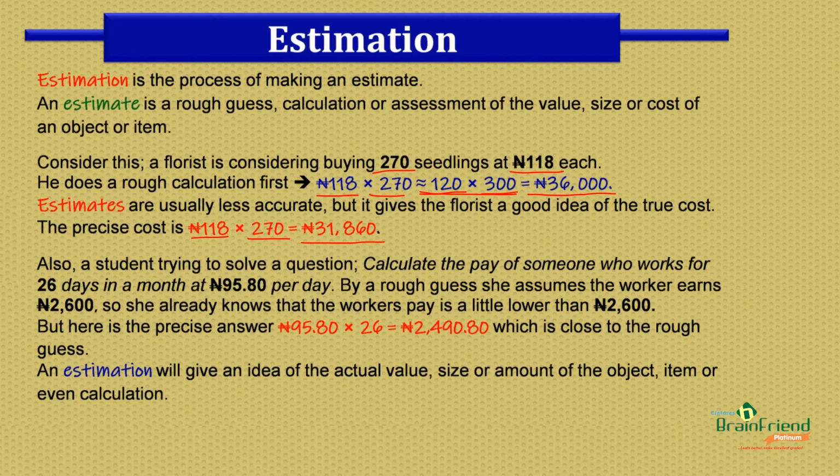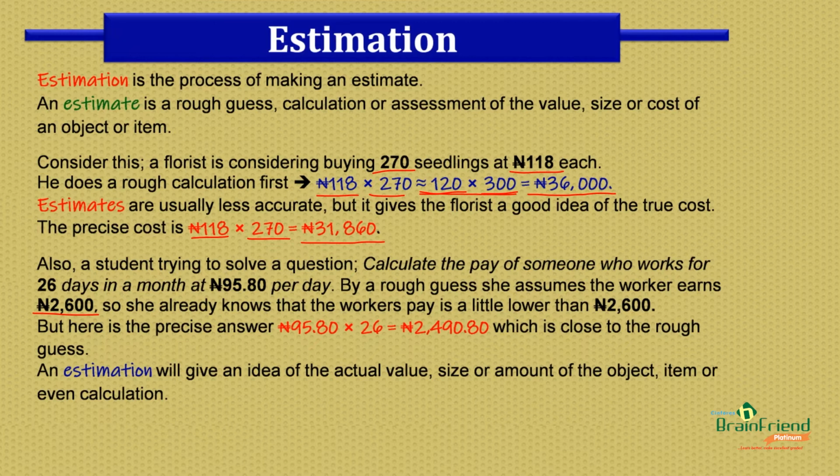Our next example says a student trying to solve a question calculates the pay of someone who works for 26 days in a month at 95 naira 80 kobo per day. Now, by a rough guess, she assumes the worker earns 2,600. So she already knows that the worker's pay is a little lower than 2,600.